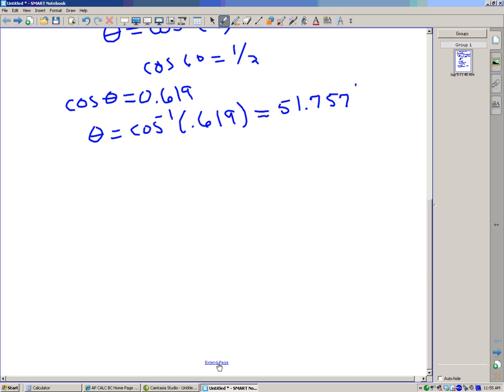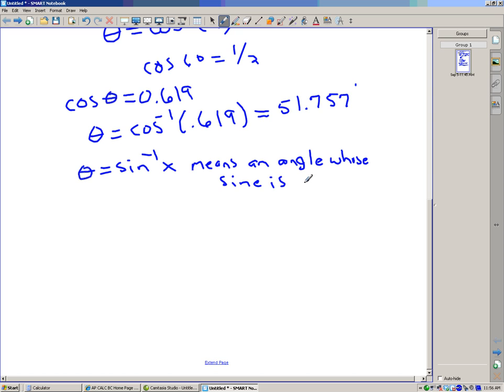Let's extend this page because we don't have some other buttons on here. And those other buttons are called secant inverse. And I want to talk about a few notations here. When we do theta equals arc sine of x, this means an angle whose sine is x.